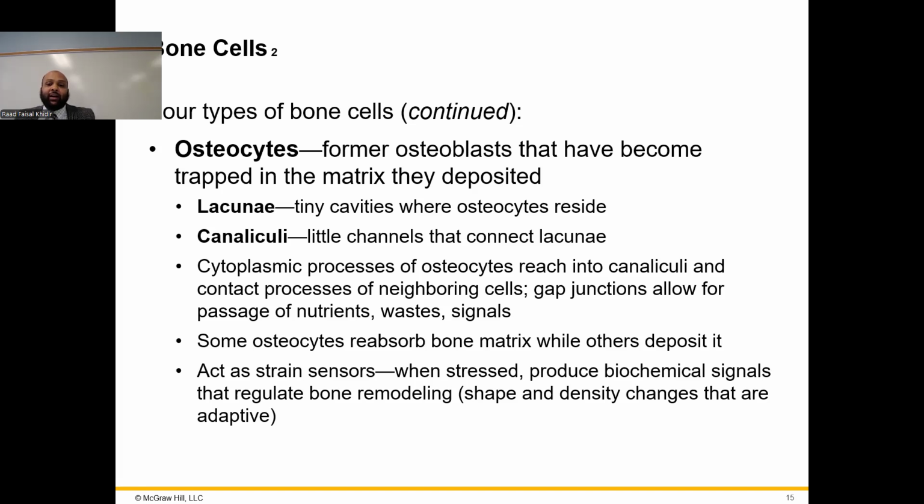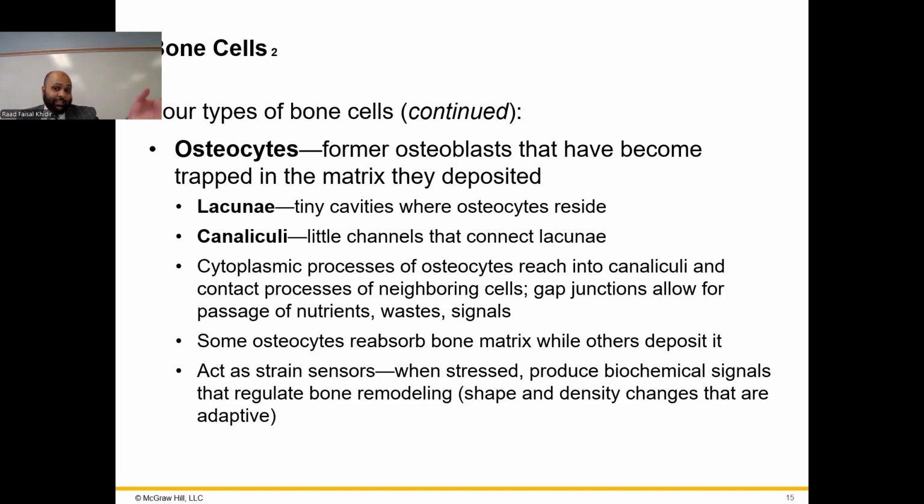The lacunae are the tiny cavities where the osteocytes retire. So you know the nursing home? The osteoblast that built up bone is going to retire. What's the nursing home, the retirement home for the osteoblast? The lacunae.